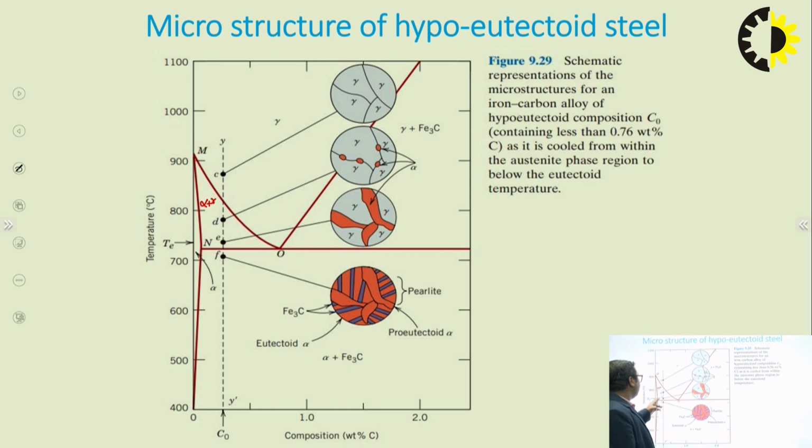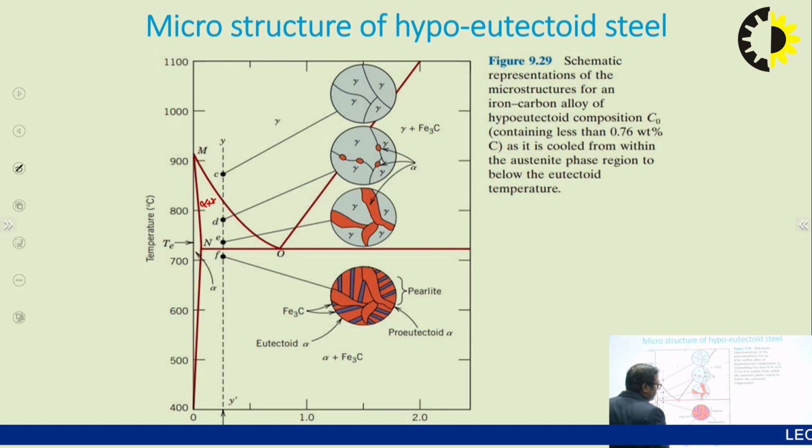On further cooling, these alpha particles will grow significantly and form a strip. On further cooling below 727 degrees centigrade, you will see that a mixture of perlite is formed, which is the combination of alpha ferrite plus cementite. Here you can see some eutectoid alpha, here pro-eutectoid alpha has been seen, and here Fe3C is seen. So you can see here 100% perlite is there.